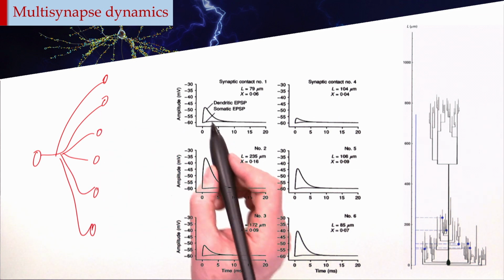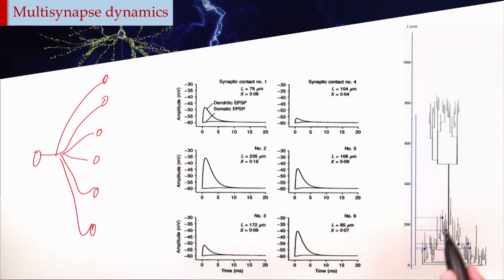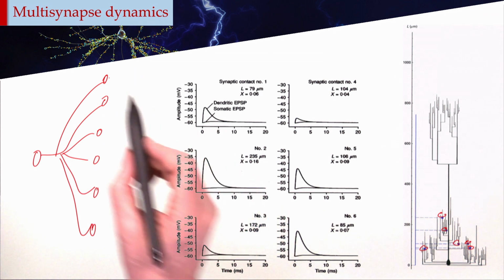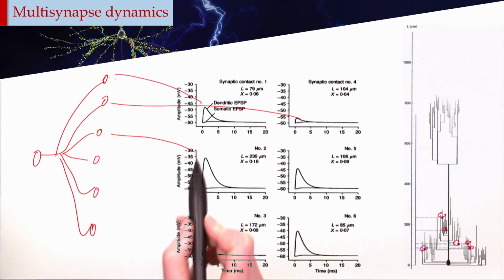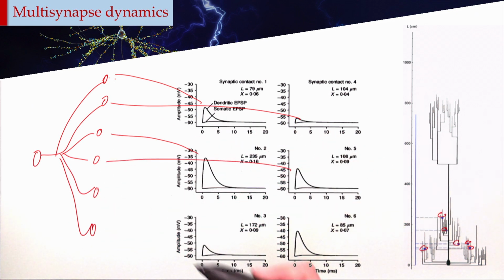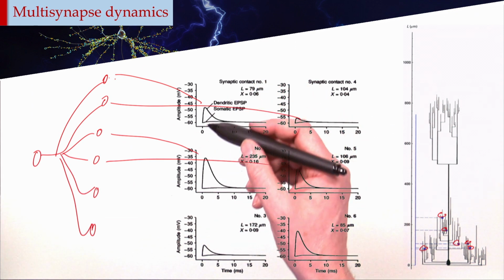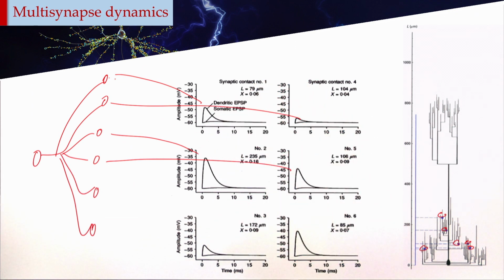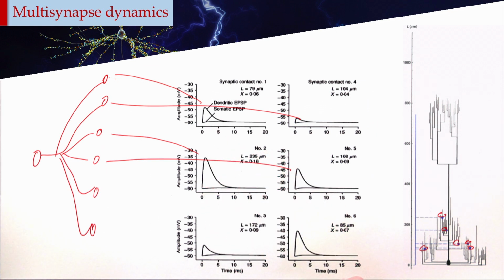And if you isolate, and this you can do in a model, each of these that are located at different places on the dendrite, and you look at this one individually and this one individually, you can see that they have very different behaviors: different amplitudes, different rise times, delay times, and what you see at the cell body is also quite different.